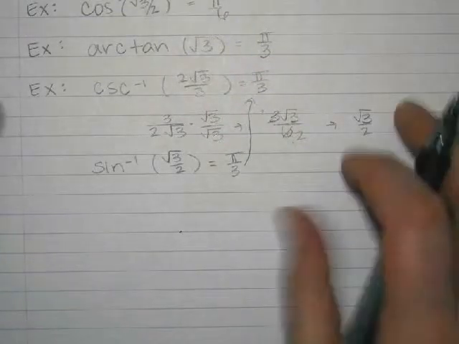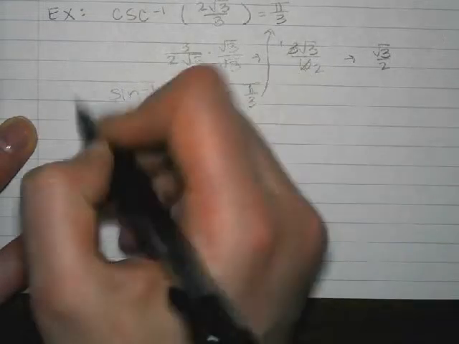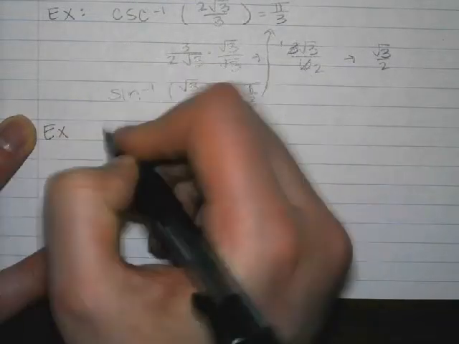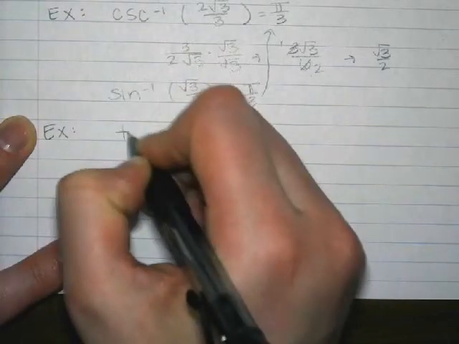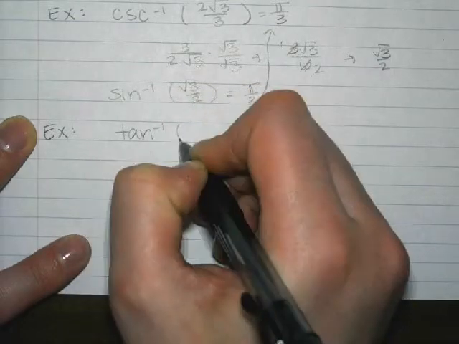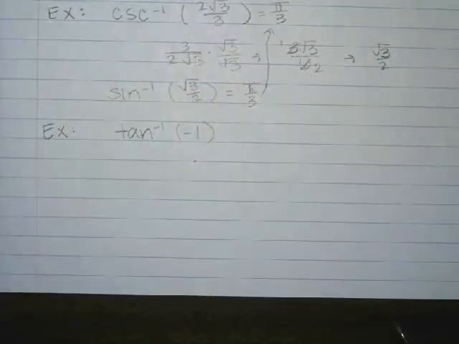So let's do some more tangent ones. So if I try tan inverse of -1, I have to look in quadrants 1 and 4. For a y divided by x that would simplify to be -1. Okay?